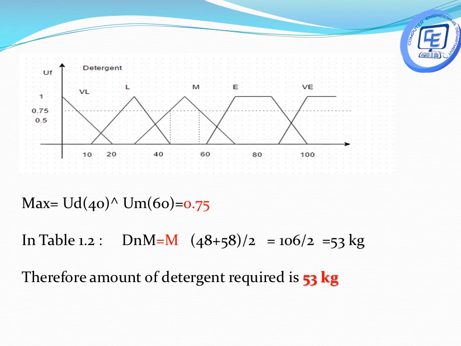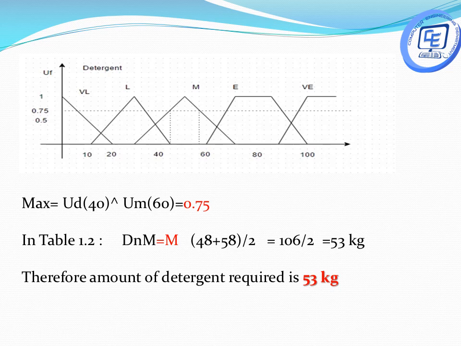Let's see in table number 1.2 where D and M intersect. If we observe this table, the intersection of D and M is equal to M, as I have highlighted in red color. This M is the output parameter.